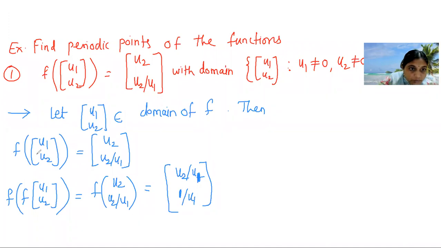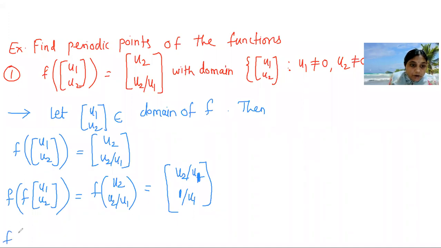The image of the first coordinate under f is the second coordinate, which is u2 by u1. And the image of the second coordinate under f is the second coordinate divided by u1, so u2 by u1 divided by u2 is 1 upon u1. Is that right?